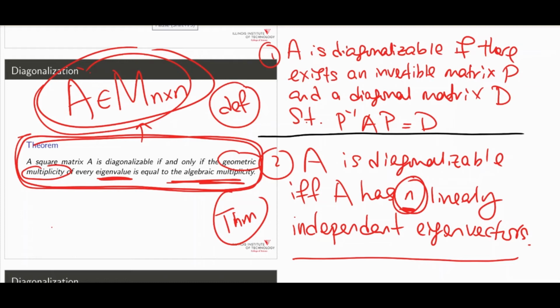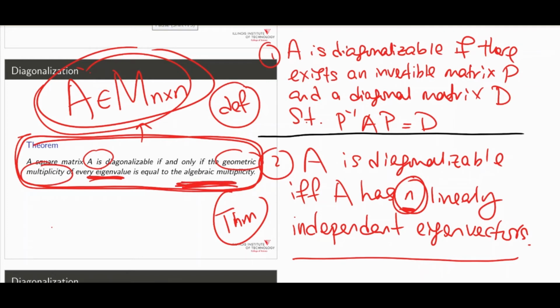Now you know why we talked about the algebraic multiplicity and geometric multiplicity before. You will see in a minute that this is actually not rocket science. It's pretty easy to see that matrix A is diagonalizable if and only if the geometric multiplicity for every eigenvalue equals the algebraic multiplicity.